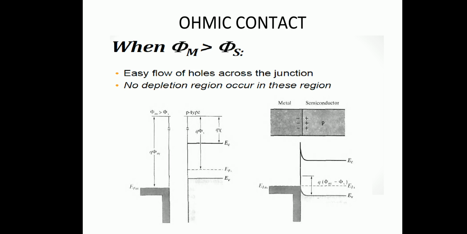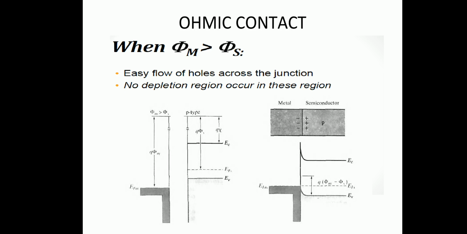Before contact, the Fermi level of the semiconductor is higher than that of the metal. When contact is formed, the Fermi levels align to the same level. For this alignment, holes flow from the metal to the semiconductor, so the semiconductor has an accumulation of majority carriers, and that is why there is no depletion region formation.